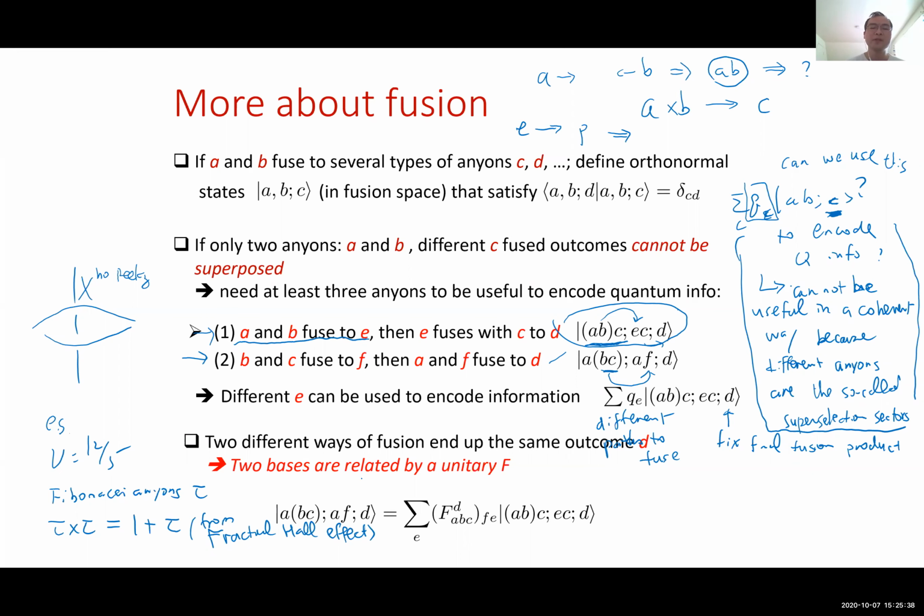But they are related by a unitary transformation that's denoted by F. Okay, so this is like associativity, right? Do you multiply B and C first, or do you multiply A and B first? So that's very similar.